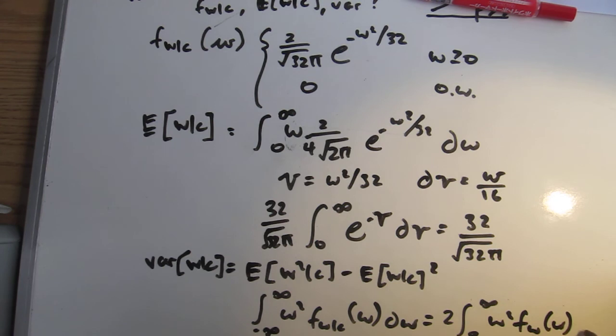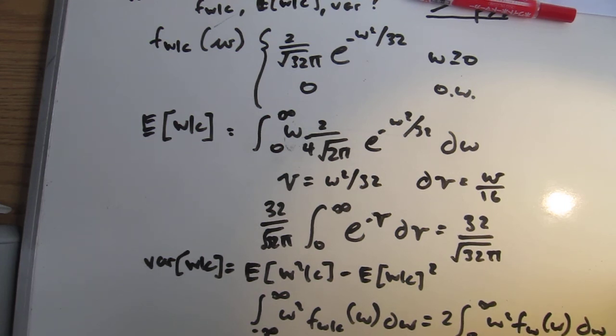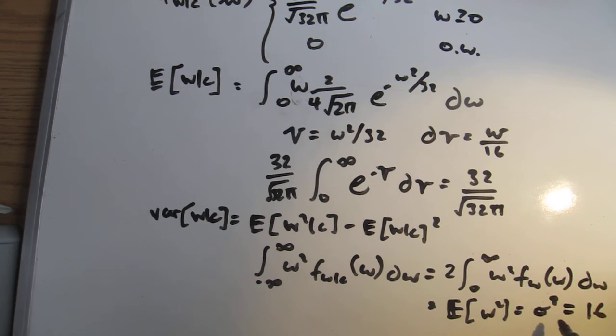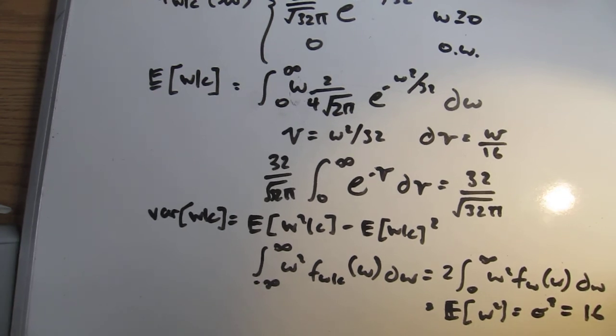So this makes things a lot easier because this is symmetric itself. So this is just the expected value of w squared, which is sigma squared, which is 16.